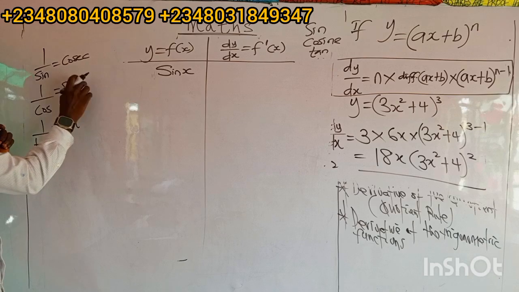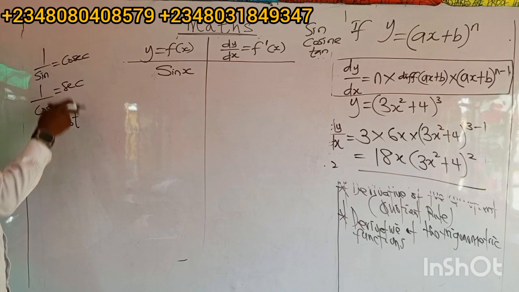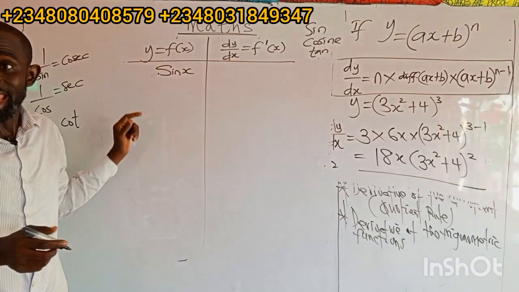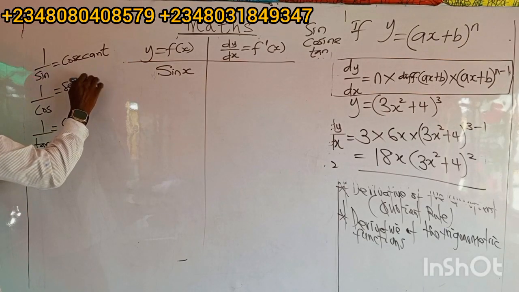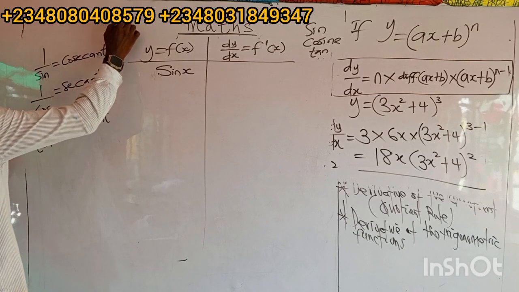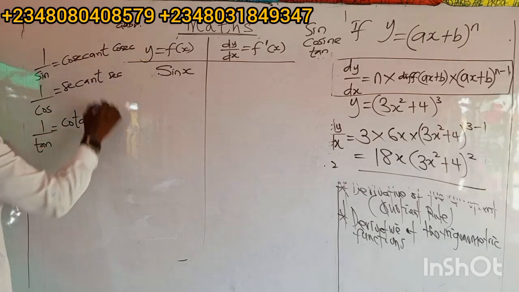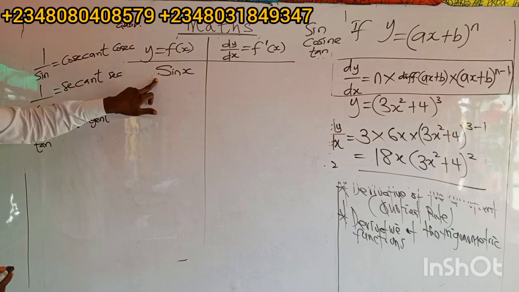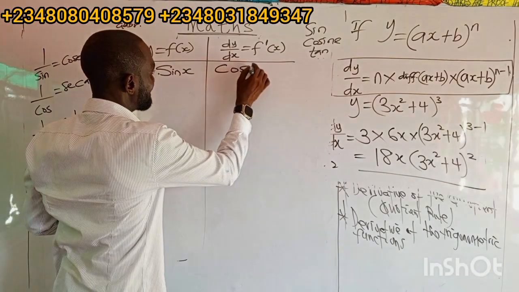Cosecant, secant, cotangent. When we differentiate, we have cosec, sec, and cot. Are you with me now? So whenever you differentiate sine x, you must have cos x.